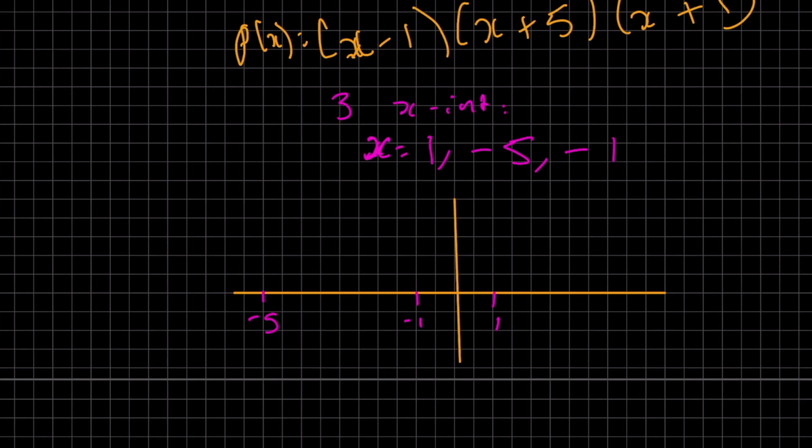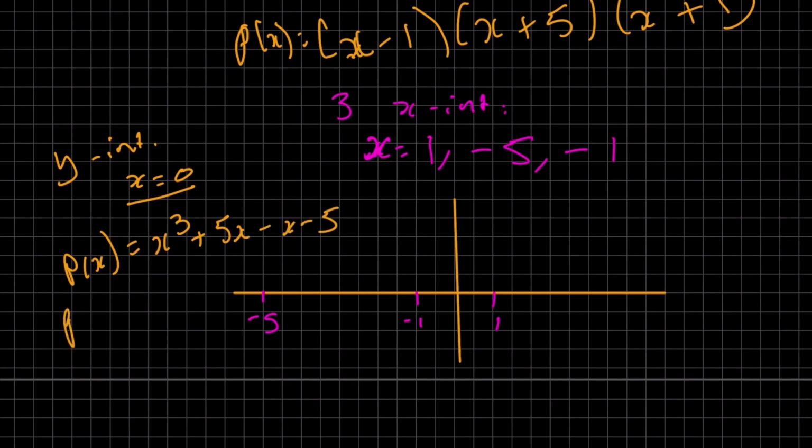Okay, to figure out our y-intercept, we make our x equals 0. Now, to figure out the y-intercept, it would be a lot easier to substitute the x equals 0 into the expanded form that we were originally given. So your p of x in its expanded form was x to the power of 3 plus 5x squared minus x minus 5.